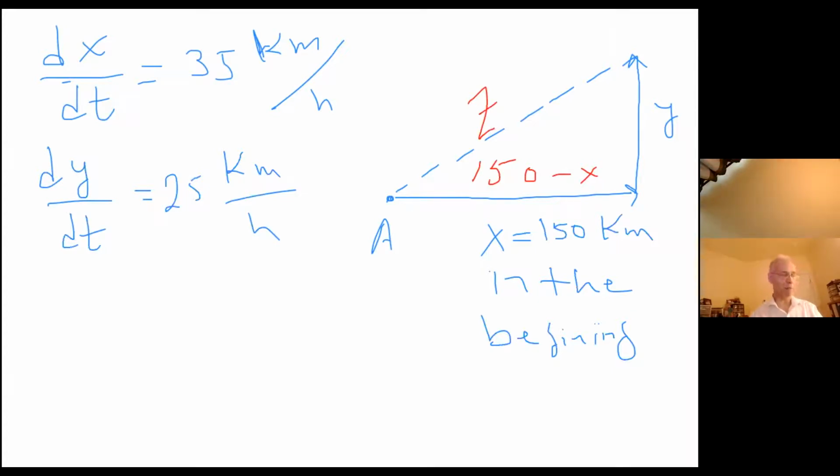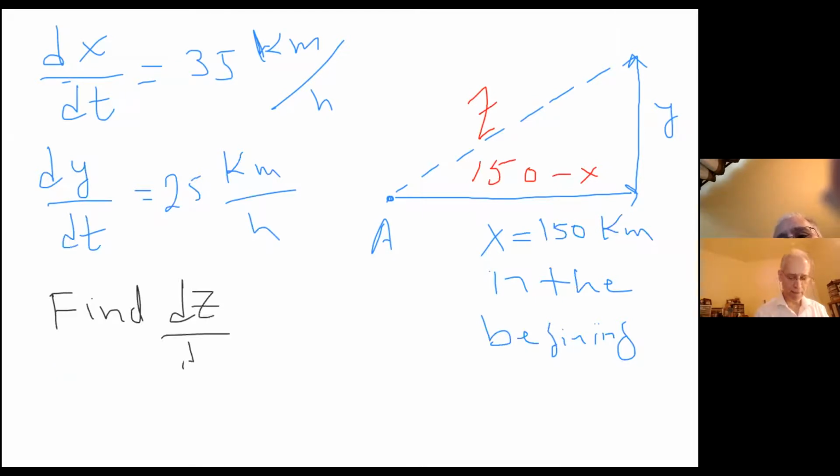Now, what else do we know? Well, the question is asking how fast is the distance between the ships changing at 4 p.m. So we are going to have to find dz/dt in 4 hours.